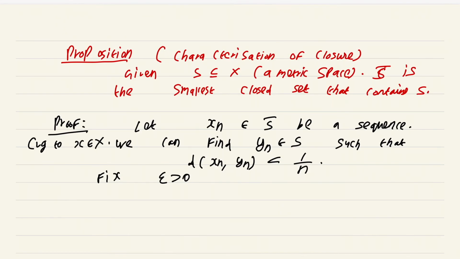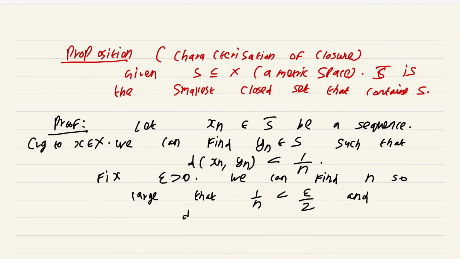So fix epsilon greater than 0. We can find n so large that simultaneously 1/n is less than epsilon/2 and d(x_n,x) is also less than epsilon/2. Then a trivial application of the triangle inequality would tell you that d(y_n,x) is less than epsilon.